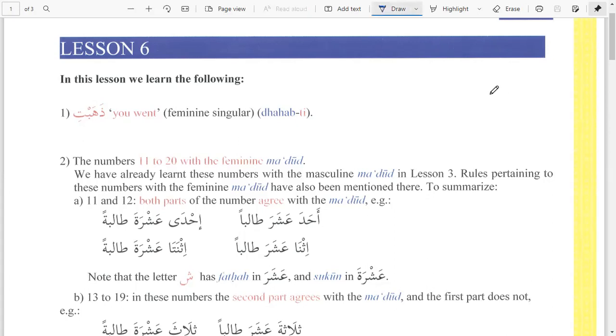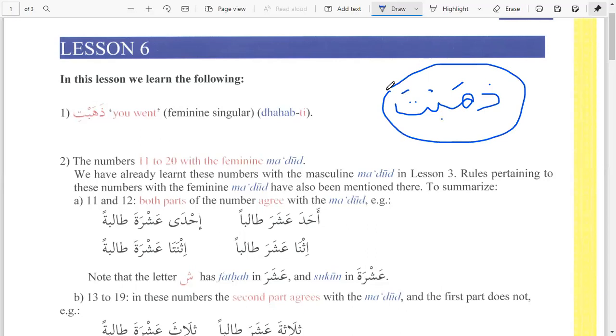The feminine of Zahabta is Zahabti, meaning you went. Zahabta, you, male, went. Second person singular masculine Zahabta, and second person feminine singular Zahabti.